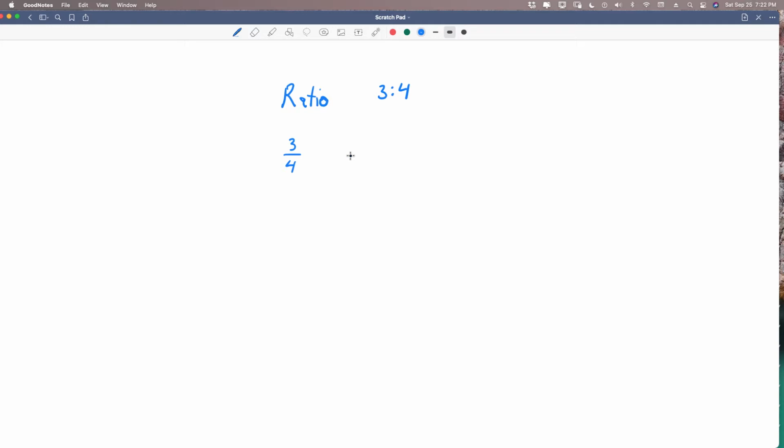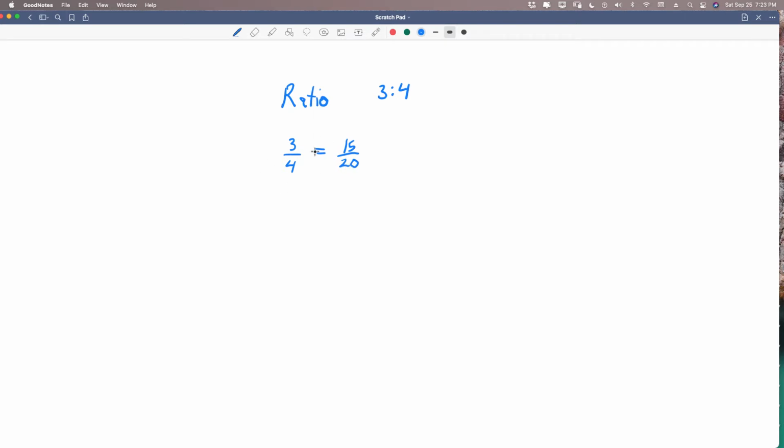An equation or statement in which two ratios are set equal is called a proportion. So we could say that 15/20 is a proportion to 3/4, because if we multiply 3 times 5, we get 15, and if we multiply 4 times 5, we get 20.